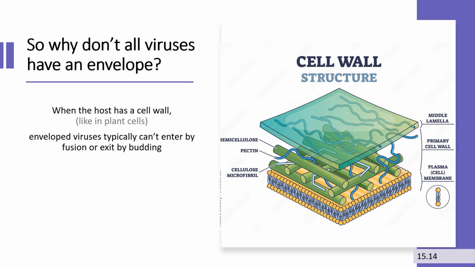But enveloped viruses typically can only infect cells that don't have a cell wall. In cells like plant cells, the cell wall is a hard covering outside the plasma membrane. So the cell wall prevents enveloped viruses from fusing their viral envelope with the cell's plasma membrane.